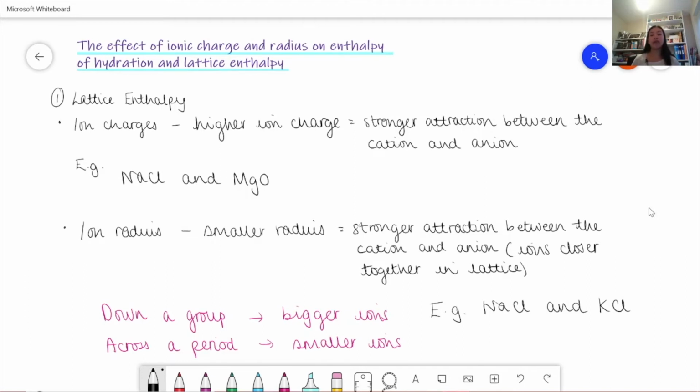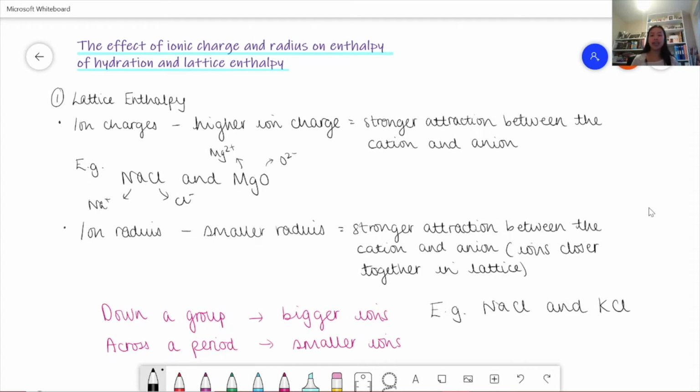So for example, if we were comparing NaCl and MgO, well, NaCl is made out of Na+ ions and Cl- ions, whereas in MgO, it's made out of Mg2+ ions and O2- ions. And so the charges of the ions in the MgO are much higher. And so there's a stronger attraction between the cation and anion, which means that the lattice enthalpy for MgO is much higher than for sodium chloride.